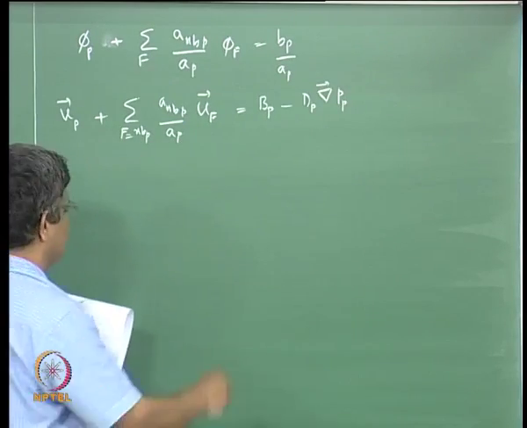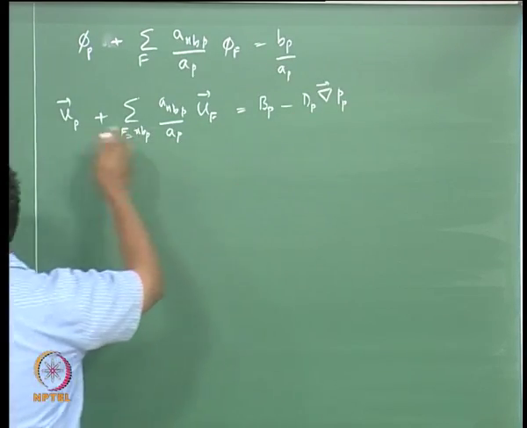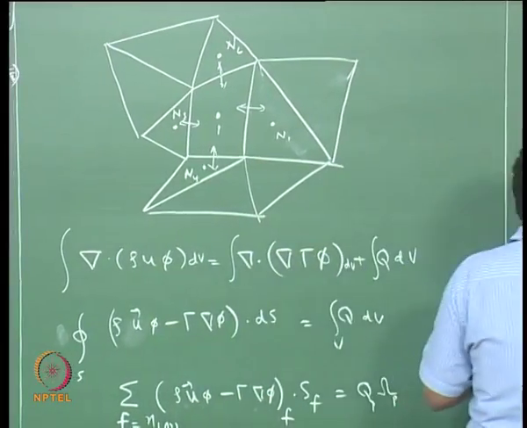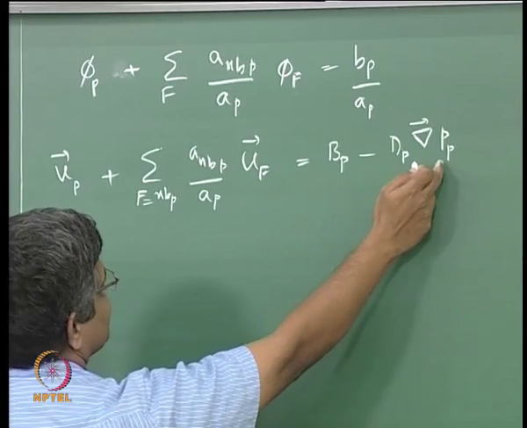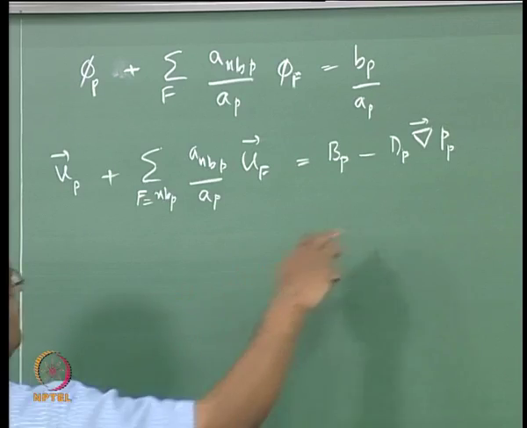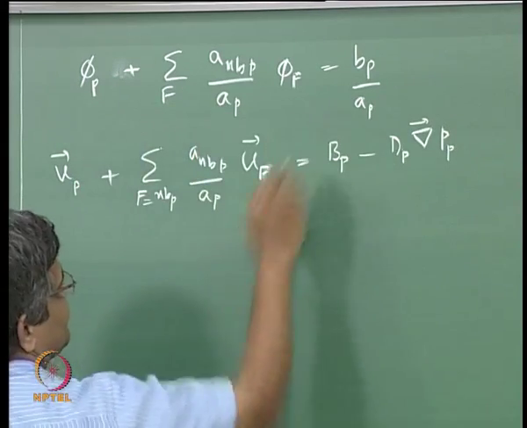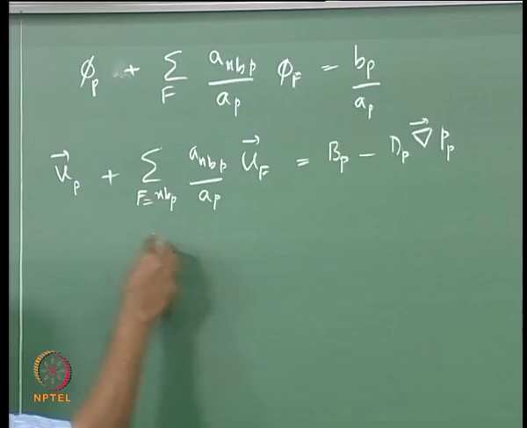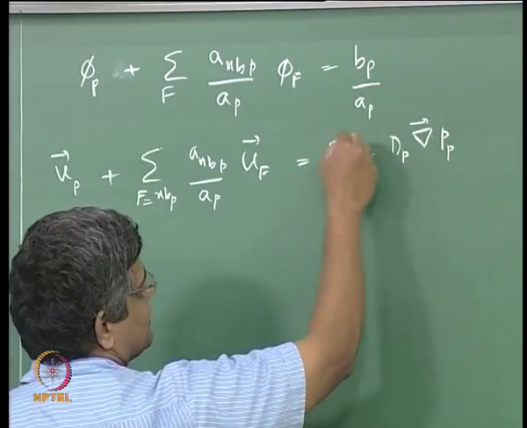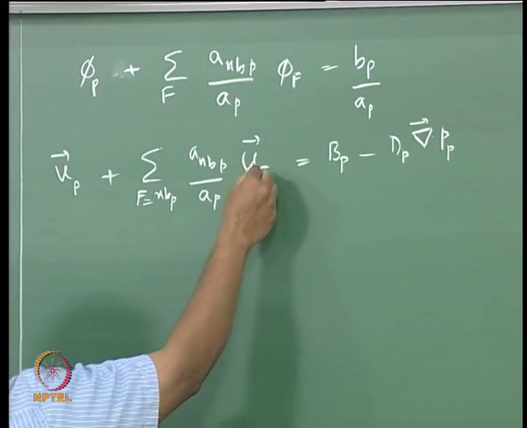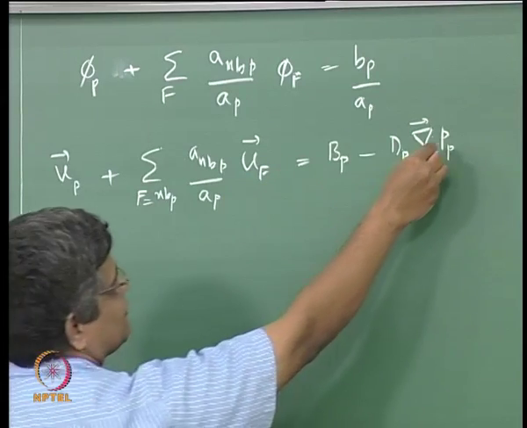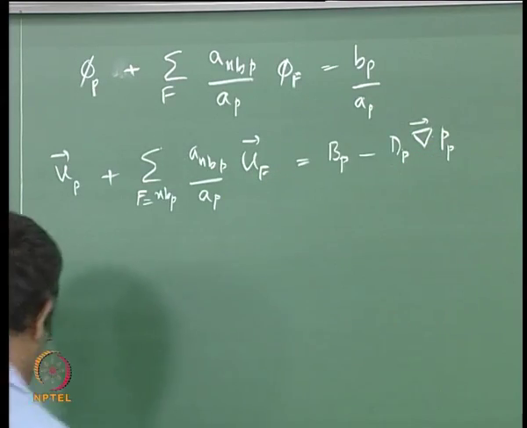where your dP is related to the cell volume divided by the AP term. This is the cell volume, this omega P here, divided by this AP term here. So essentially you have the contribution of terms other than the pressure gradient coming into BP here, and the velocity at the neighboring points here, and the pressure gradient evaluated at this.